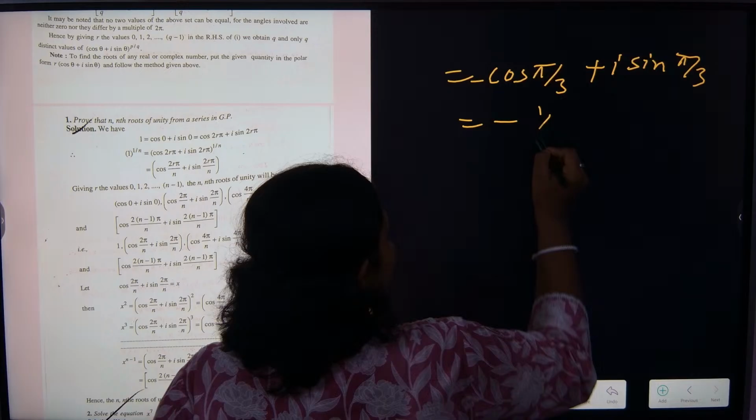Third value. Putting r equals 2, what we have? 1 to the power 1 by 3, cos 4π/3 plus iota sin 4π/3.